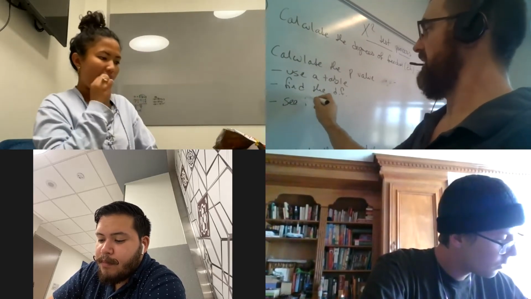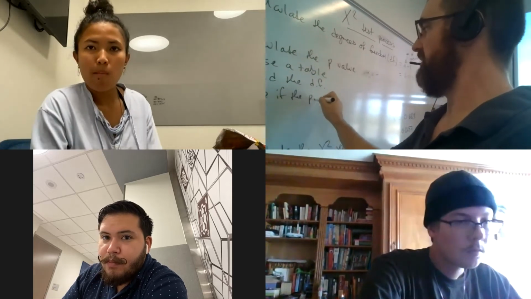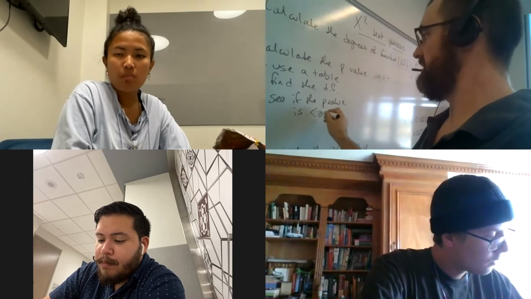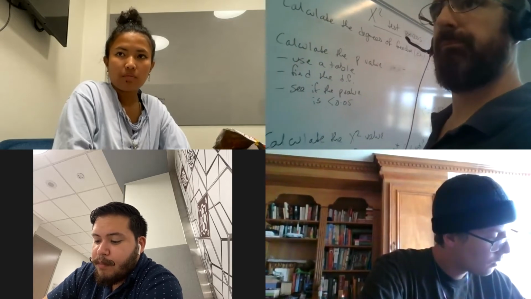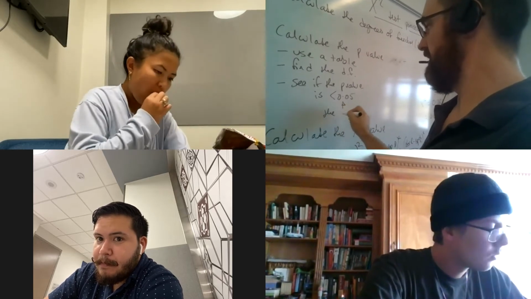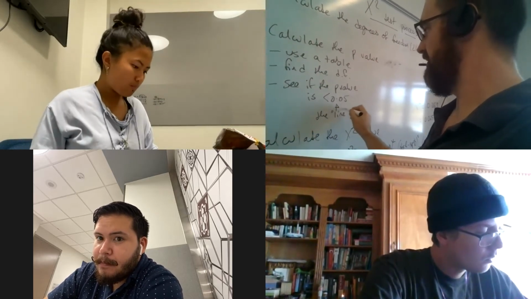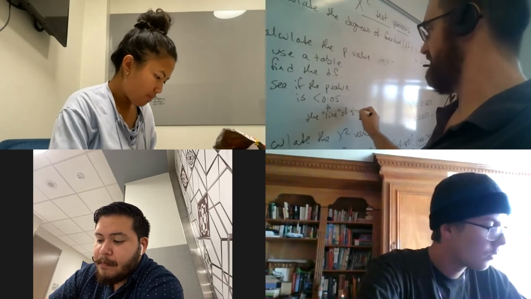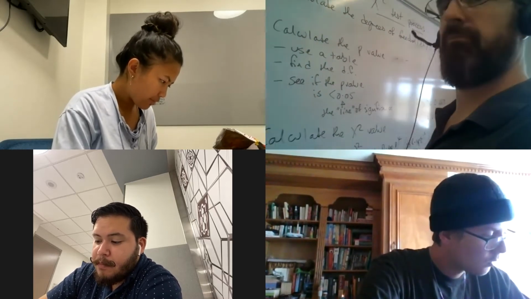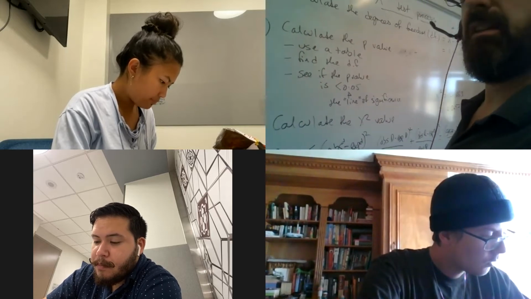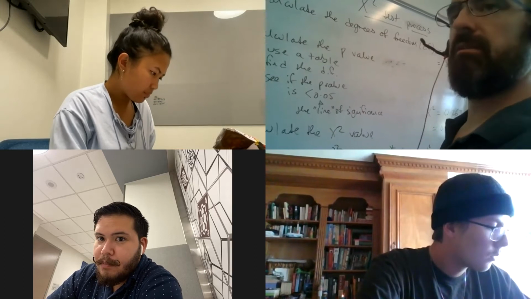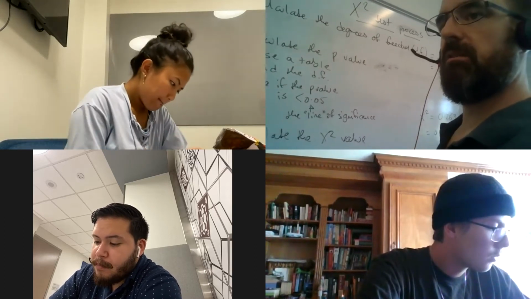And then you see if the p-value is less than 0.05, because that is the line of significance. Under that value, it's significant. Above that value, it's not significant.